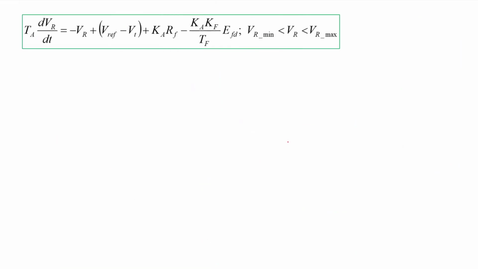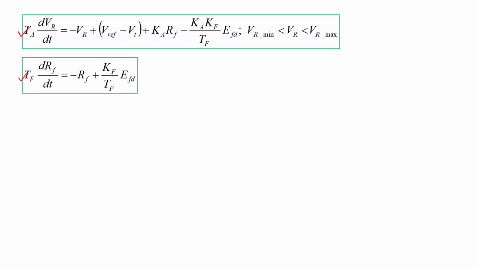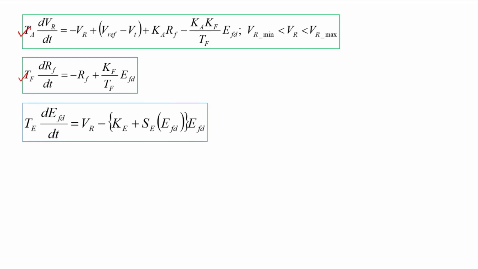Now, this is your voltage regulator equation, which is part of the exciter, right? Next is your rate feedback dynamics, which is also part of the exciter equation. And this is your exciter equation involving the voltage regulator.